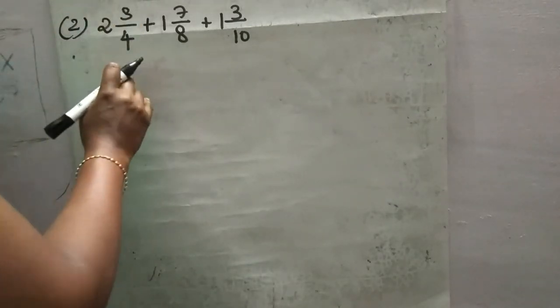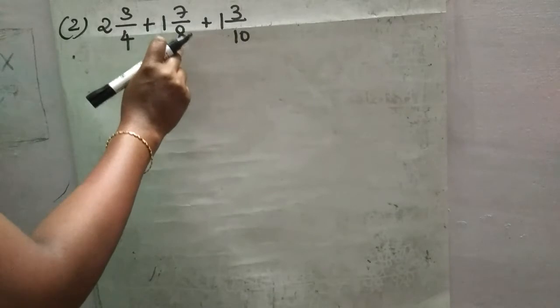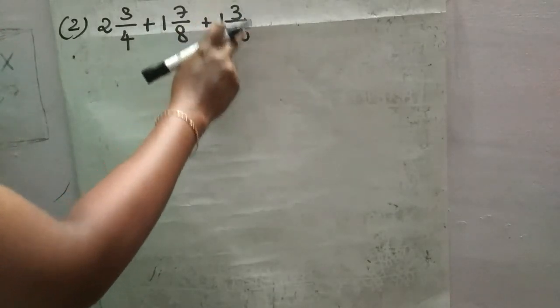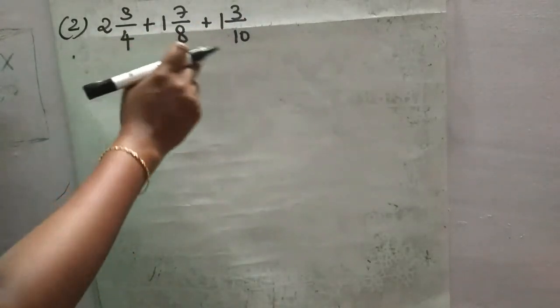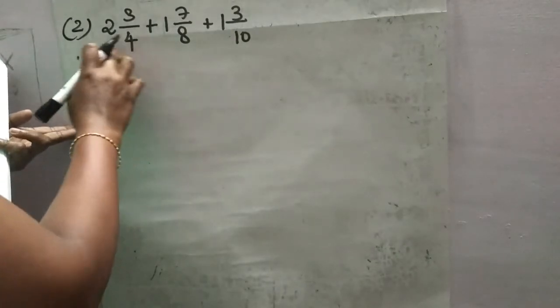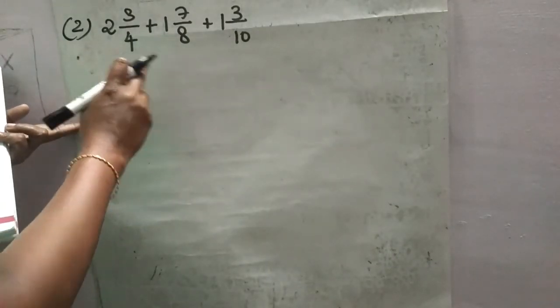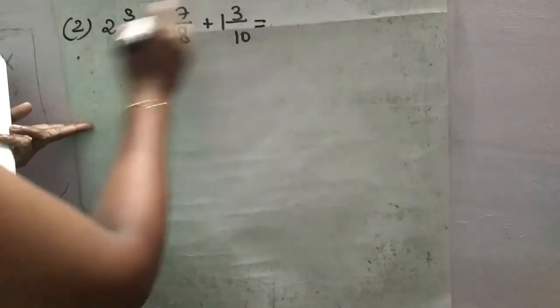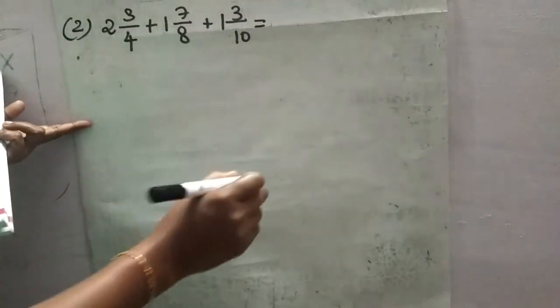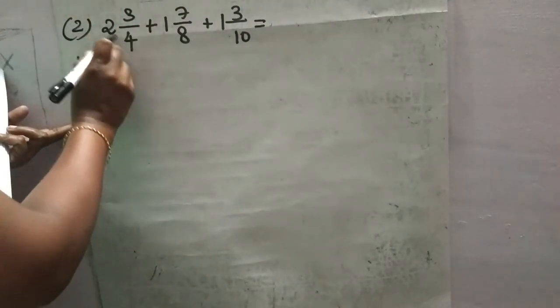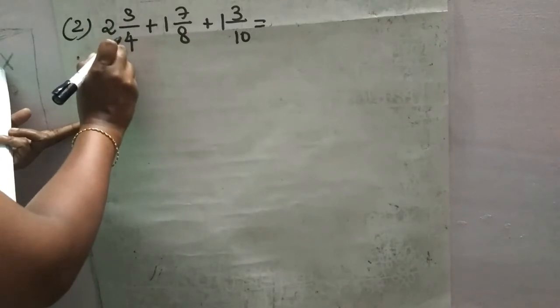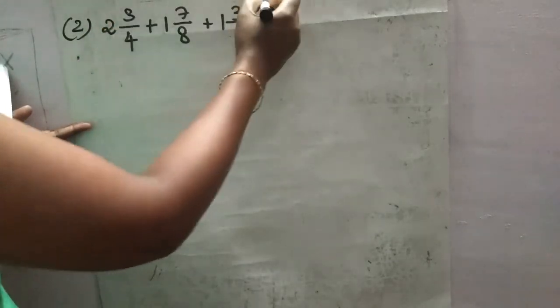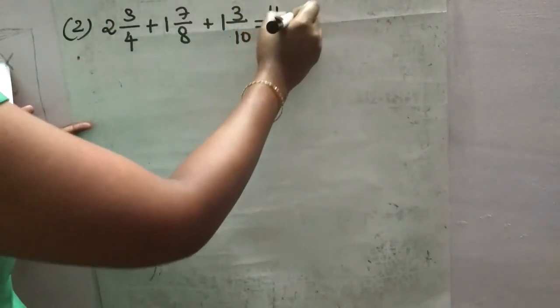The second question. 2 and 3 by 4, 1 and 7 by 8, 1 and 3 by 10. I want to find the sum. So here it is in mixed fractions. Let's change these mixed fractions into improper fractions first. 4 2s are 8, 8 plus 3, 11 by 4.